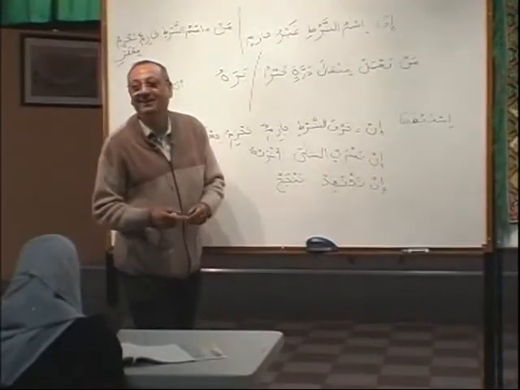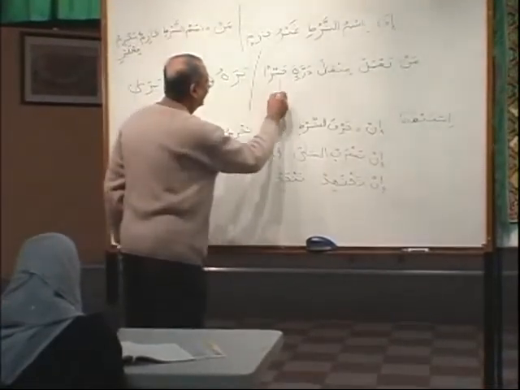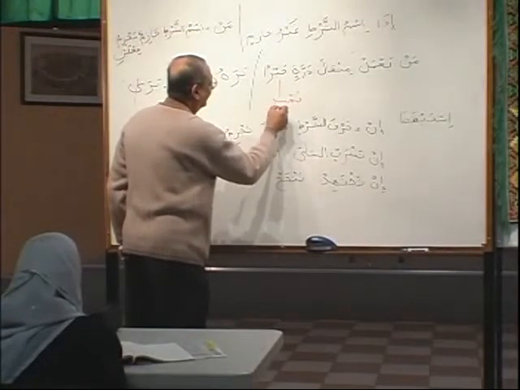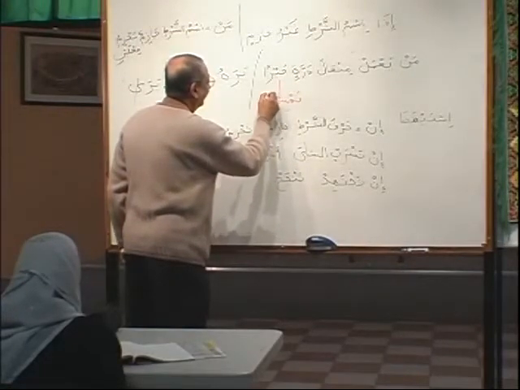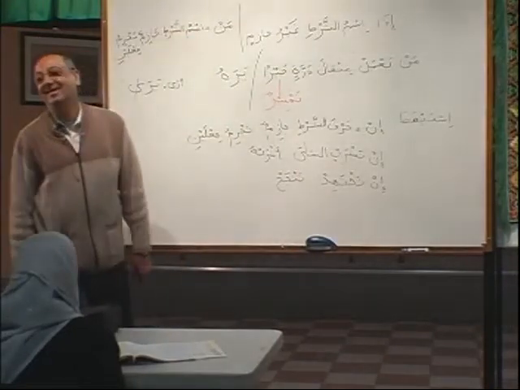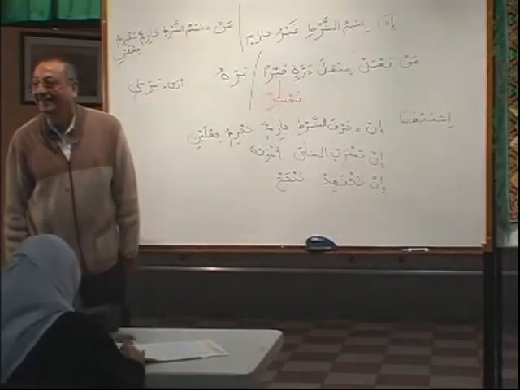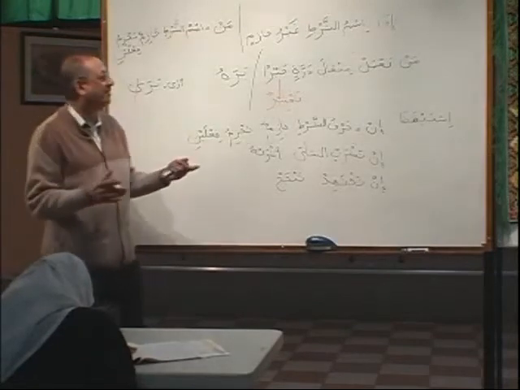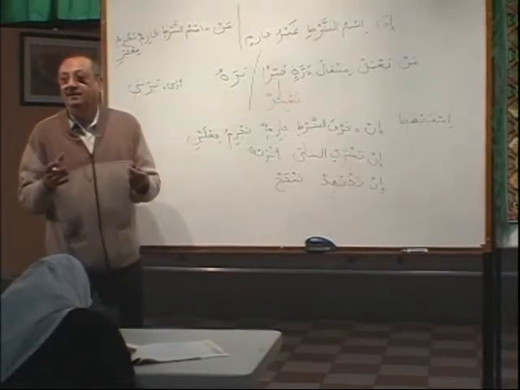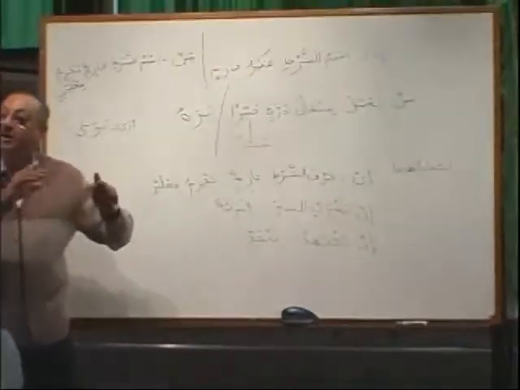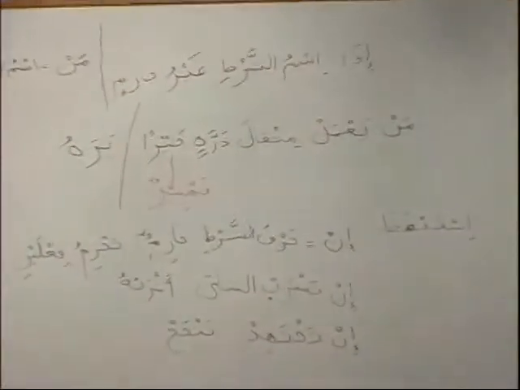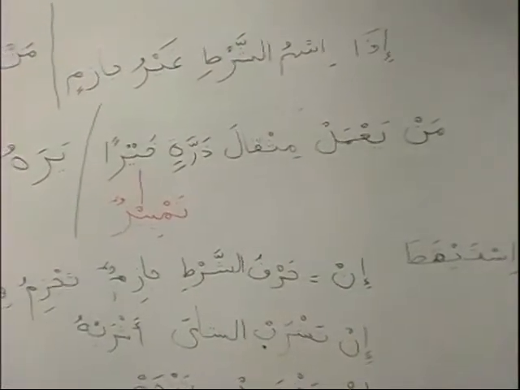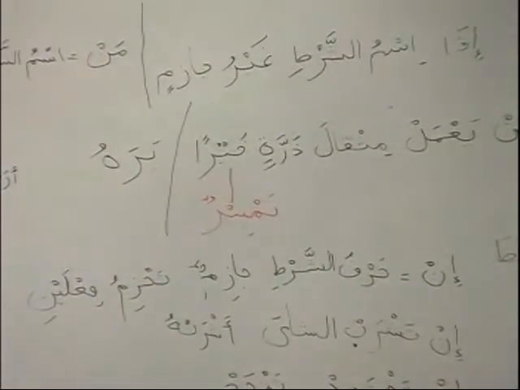Let me give you a surprise, brother. Tamyiz. What is it? Tamyiz. Because now mithqala dharratin, it's obscure. But when you say khayran, it becomes clear. So it is tamyiz. What is yara? Jawabu shart.